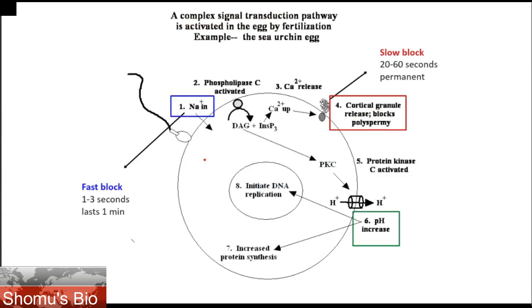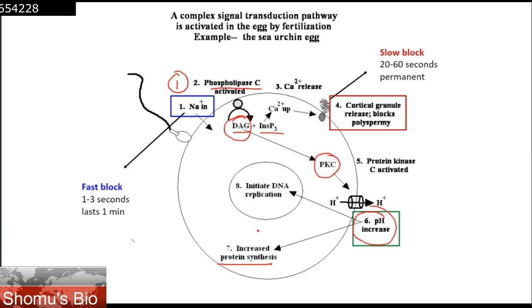So the complex signaling process starts with the sodium influx, fast block. So you can see that at the end it causes the increase in pH inside the egg, and this increased pH inside the egg is the onset of protein synthesis.